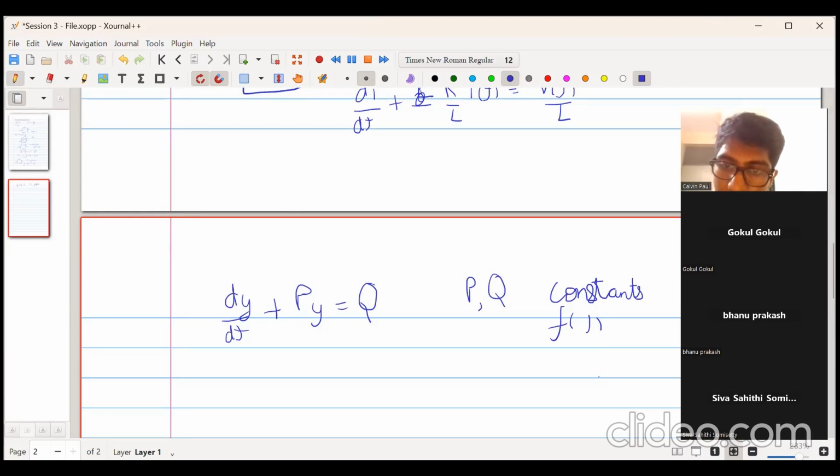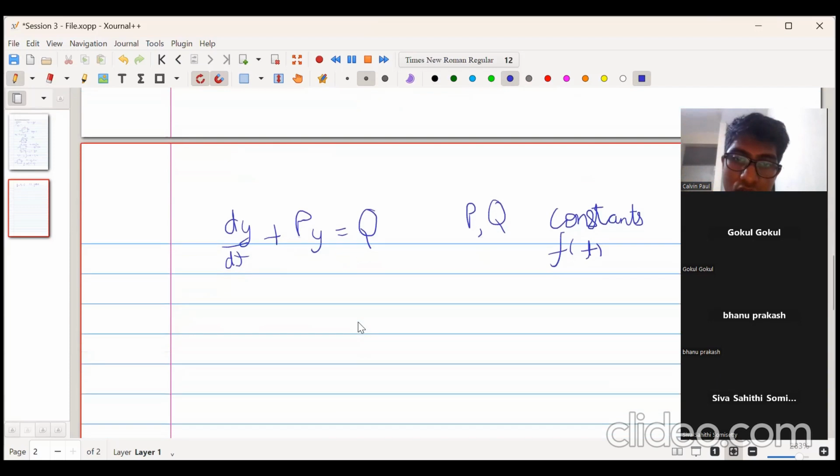So what do we do in such a case? There is something known as an integrating factor, I.F. That will be equal to e raised to integration of p dt. This is the integrating factor which we will use.